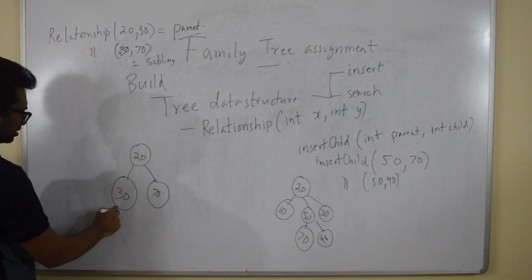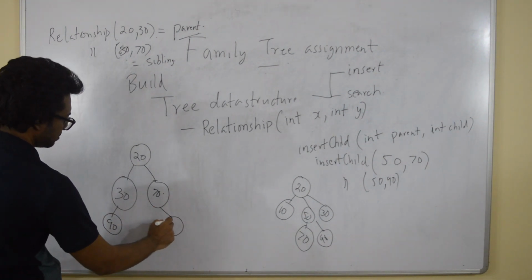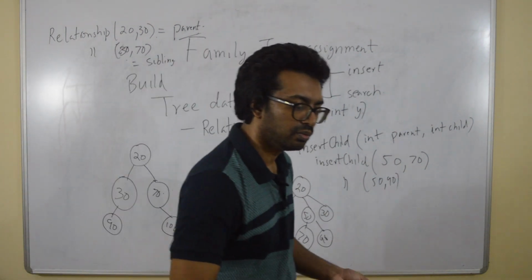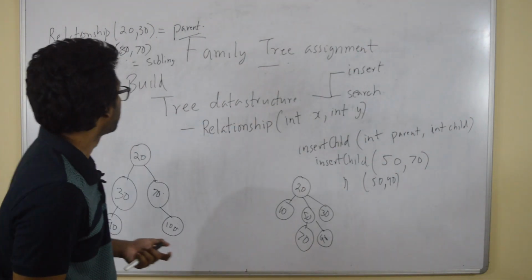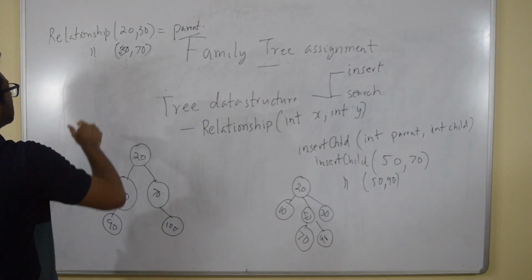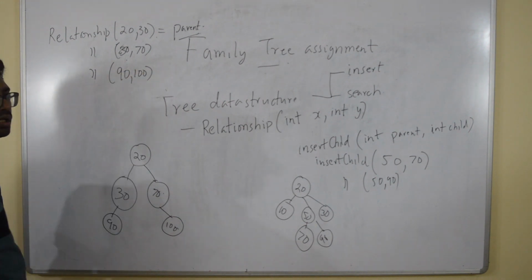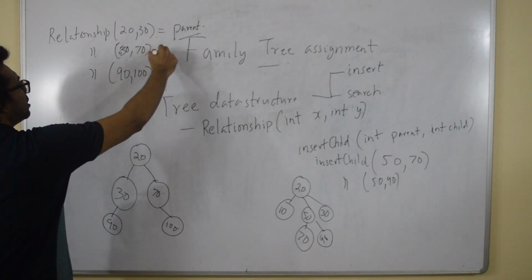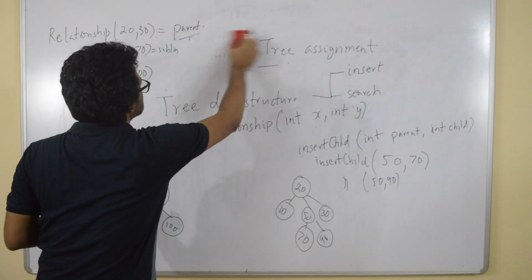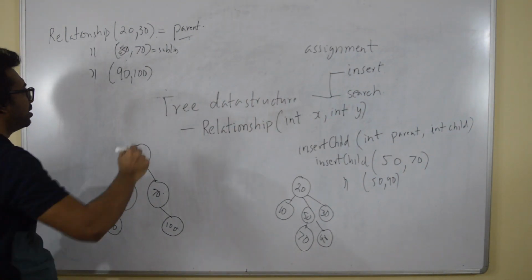Now what about 90 and 100? 70 and 90 are siblings, and for 90 and 100 you have to print first cousin.